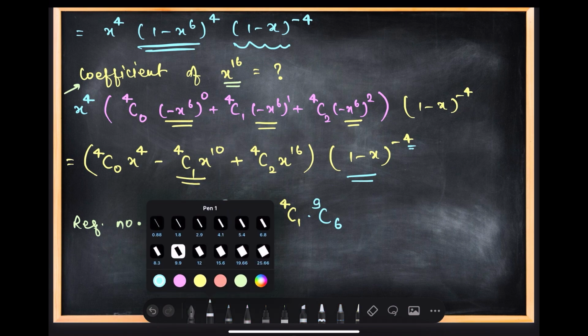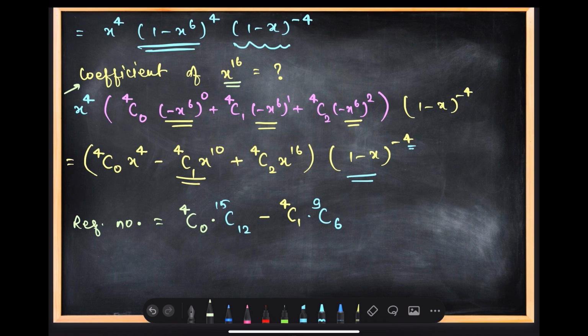Now the next part is this 4c2. Here, if he wants to fight, he has power 16, so he will fight with whom? X power 0. So let's multiply with c0. And you know that c0 is not there, so he will fight with the constant term.